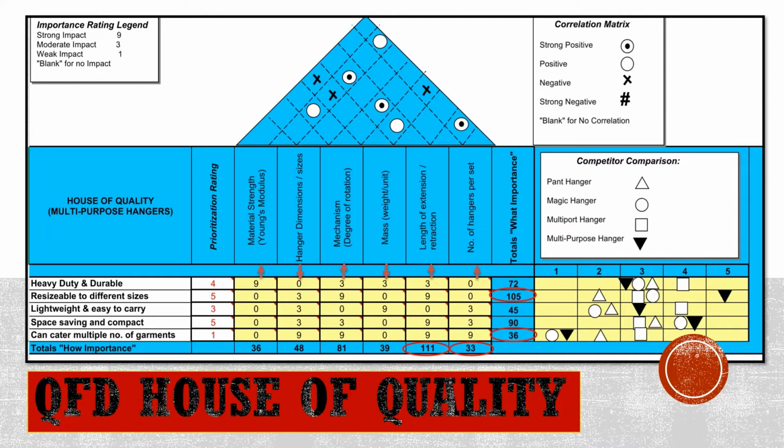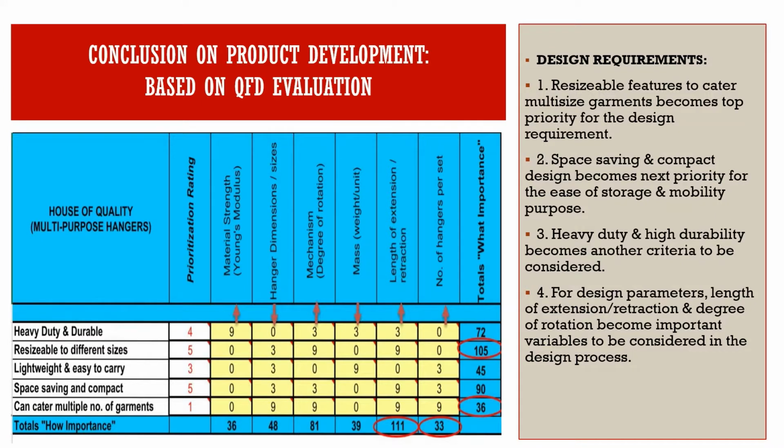Finally, the conclusion which can be drawn on the product development based on the QFD evaluation is, number one, resizable features to cater to multi-size garments become the top priority for the design requirement. Second, space saving and compact design become the next priority for ease of storage and mobility purposes.